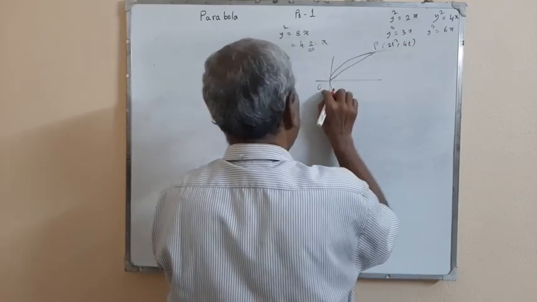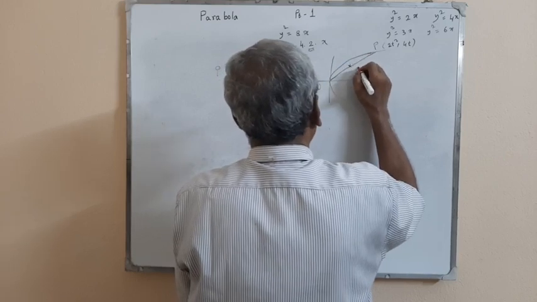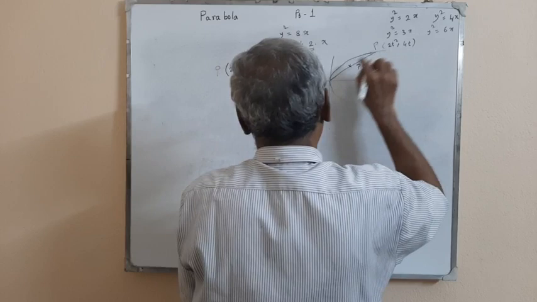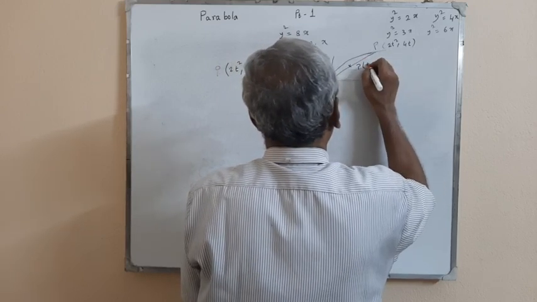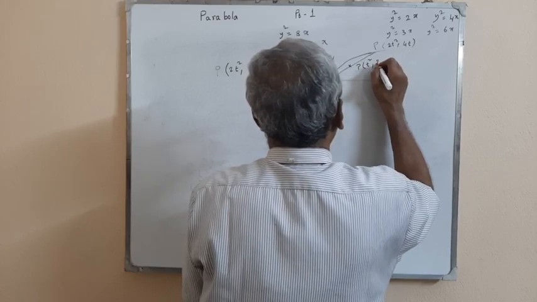This is obviously (0, 0). Its midpoint R is (2t square plus 0) by 2, it is (4t plus 0) by 2, that is 2t.